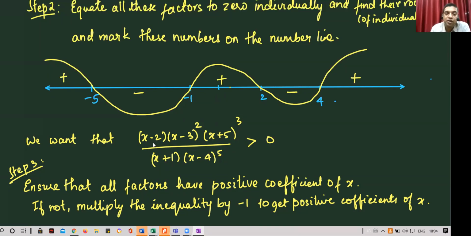When you individually equate these factors to 0, the roots you get are -5, -1, 2, 4. I arrange them in ascending order on the number line, and going to the extreme right, start marking plus, minus, plus, minus, plus. You can do it. 100% assured you will get the region in which the expression is either positive or negative.